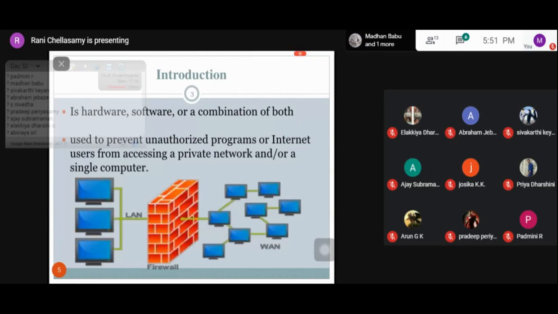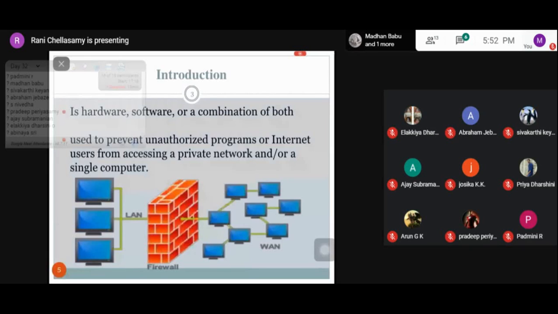Okay, so LAN is considered to be an internal network. Okay, that is local network or private network, and WAN is considered to be a public network. Okay, that is your internet. Okay, so how far the communication between the LAN and WAN is going to be carried out. Okay, so from the WAN there are some restrictions.